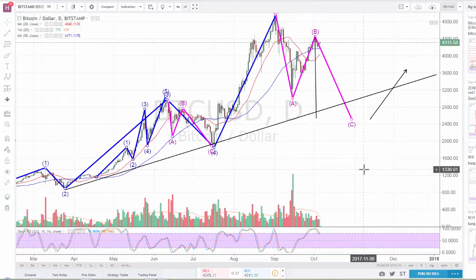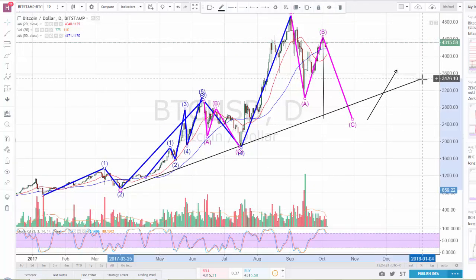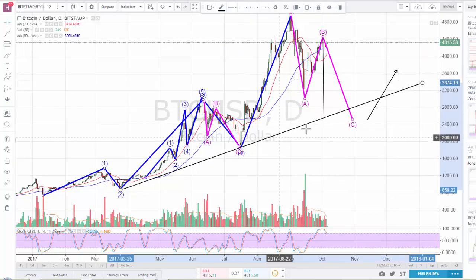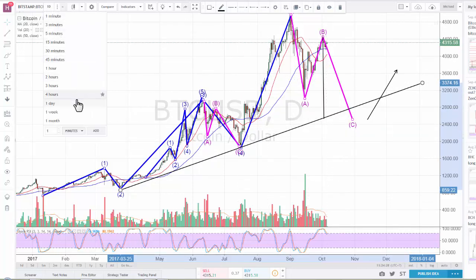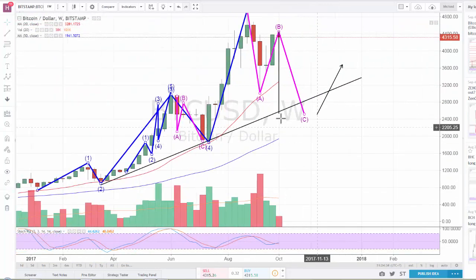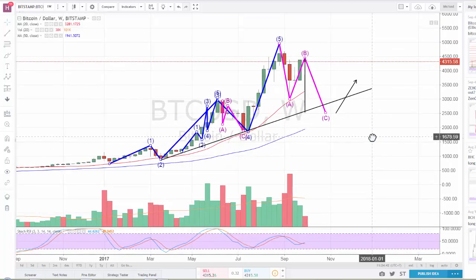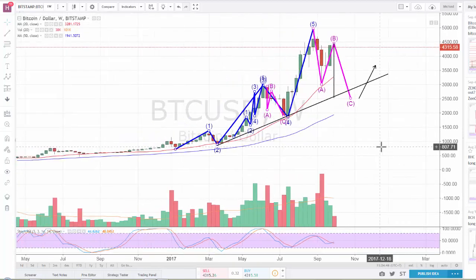It's not crazy to think that this is going to go down and bounce on the trend line to complete the ABC. Also, it's probably going to be close to touching the moving average on the weekly chart.